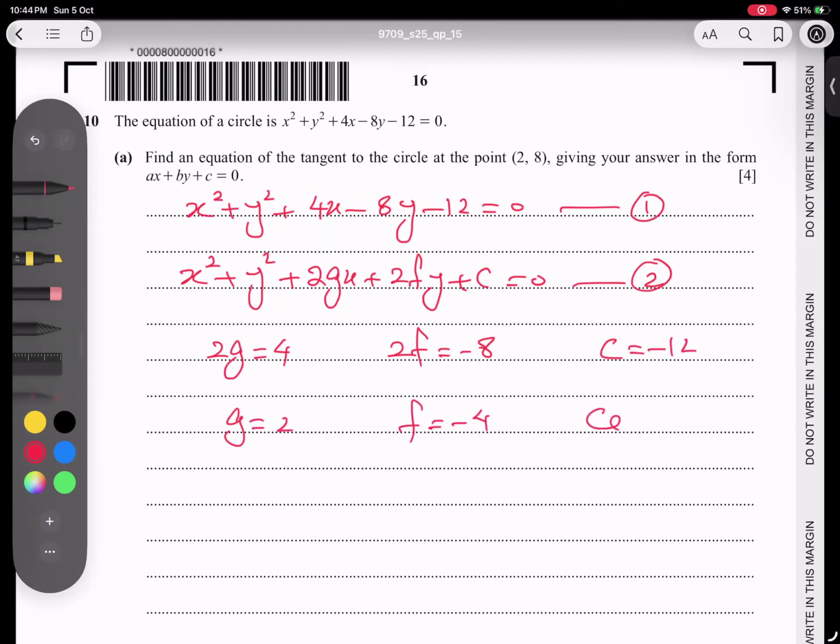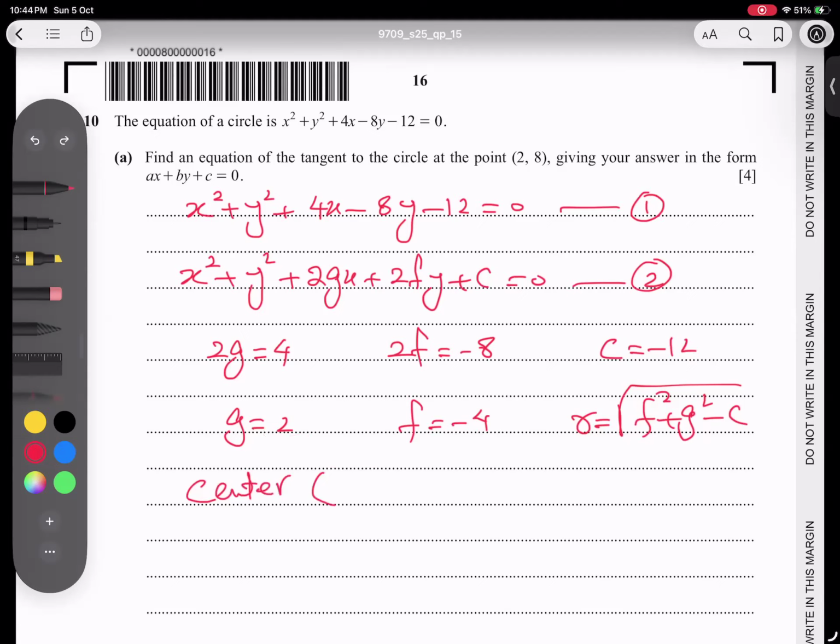And just for your knowledge, what is the radius formula? The square root of F square plus G square minus C. If you plug in all these values, you can get the radius. But here the radius is not required, and the center of the circle is, you must change the signs.